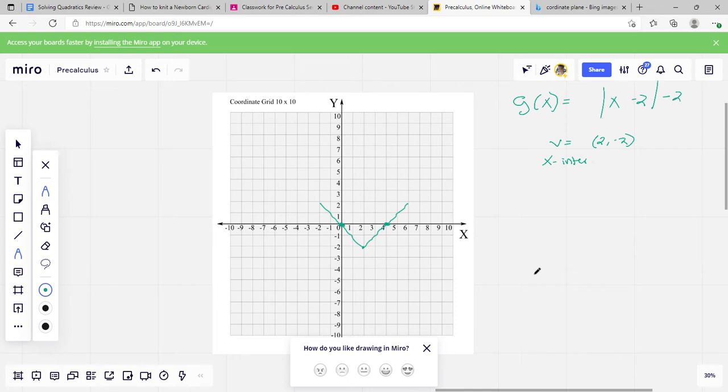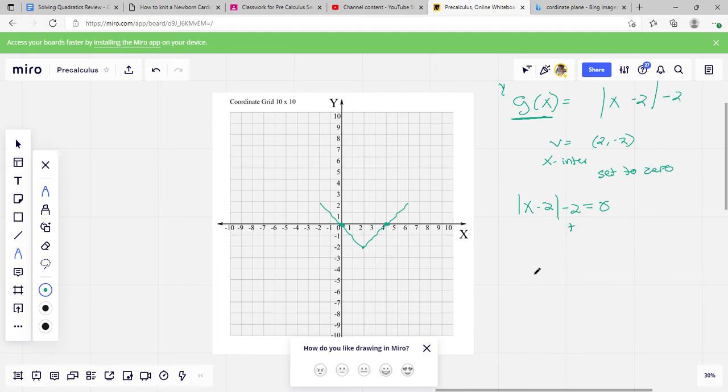How could I figure that out without graphing? Well, what I have to do is figure out what it would be if y equals 0. So I could say the absolute value of x minus 2, minus 2 equals 0, right? That'd be if y equals 0, because g of x just means y. So you set the whole thing equal to 0, and then solve.